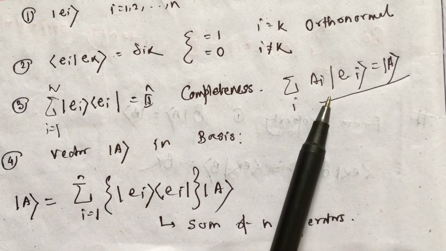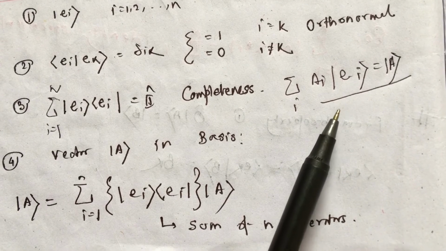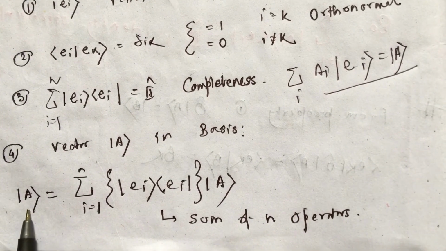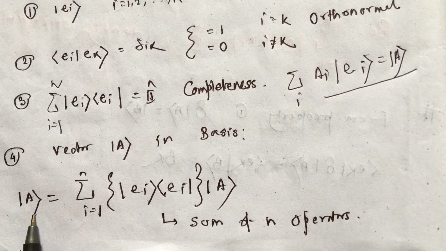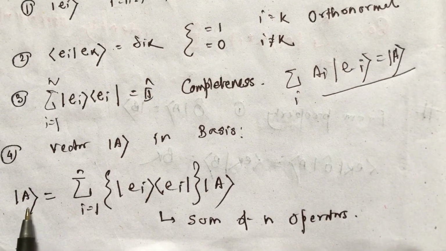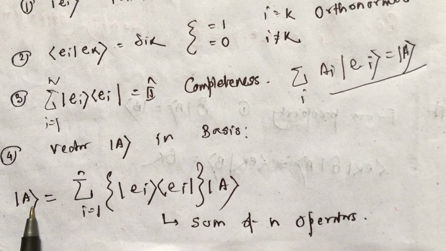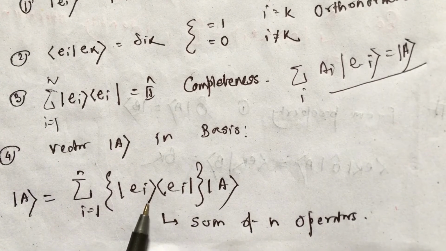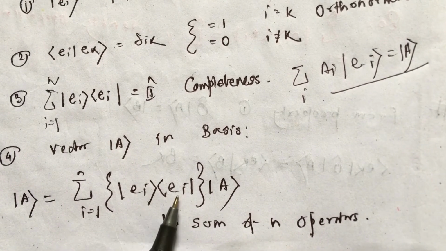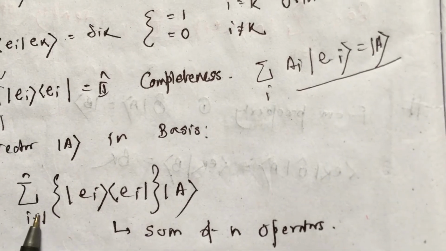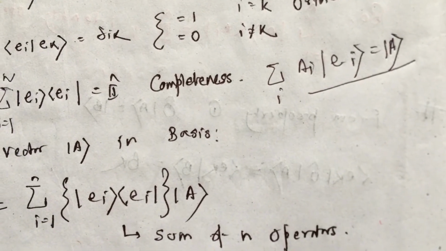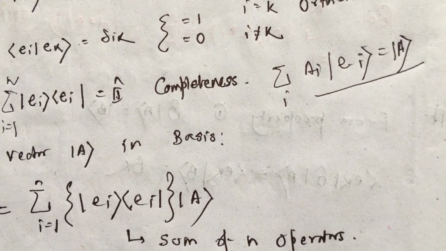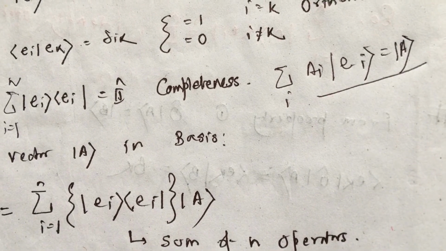So in order to write this completeness relation, I am here starting with the kth vector itself. If I write A, then when I multiply the identity operator from the left side, I am left with this equation, this term. This is completely okay.